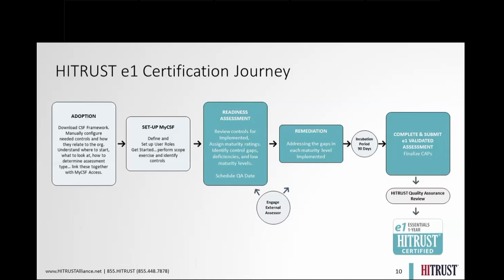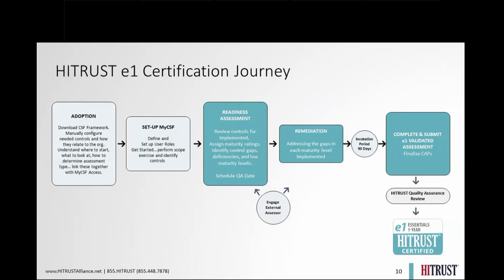If you want to hear in detail about the certification journey, we've got a bunch of resources available on our website, and our customer success managers are happy to talk more about it. But the point of this slide is exactly the same as the I1 and R2. The only difference is the subject matter that you'd be focusing on is much, much smaller on the E1 compared to those other assessments. So I'll hand it back to Robert.